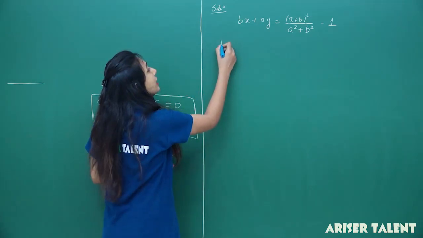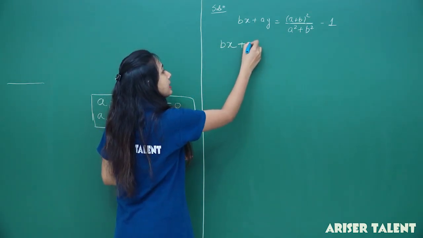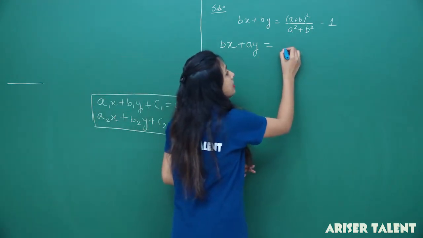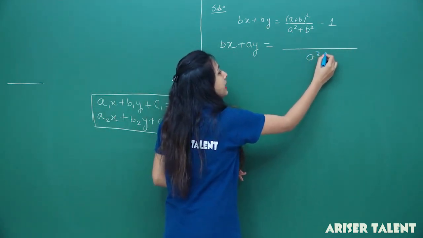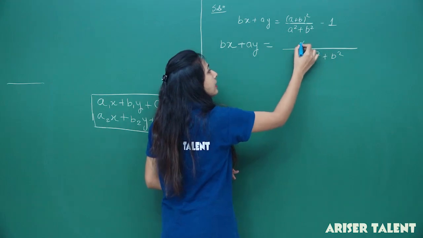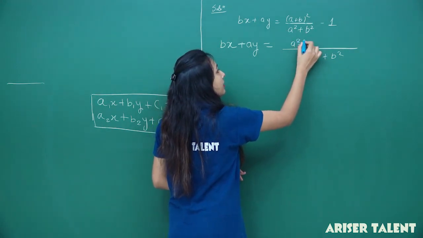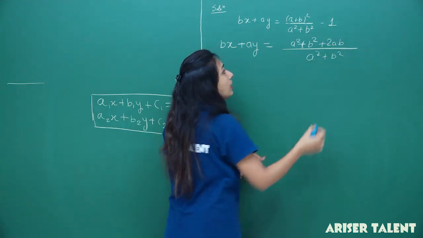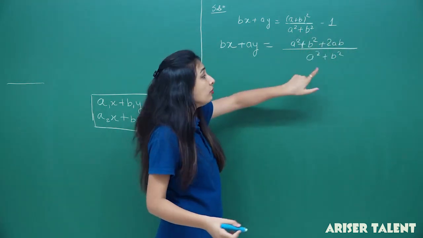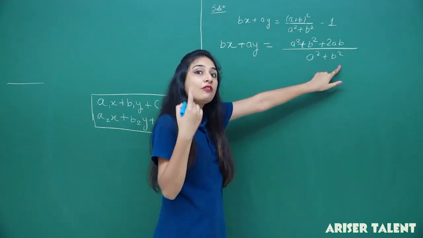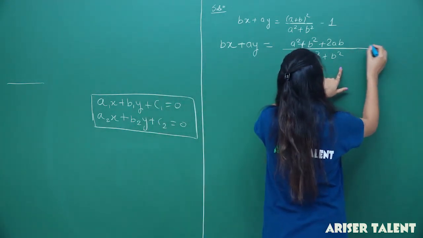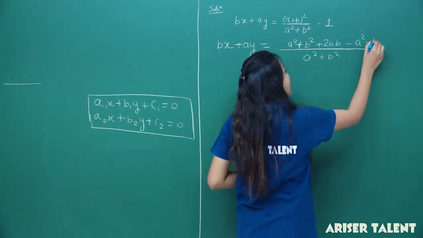Now, bx plus ay will become what? This has the LCM a square plus b square. Then here a square plus b square plus 2ab. Now, minus 1 will give you minus of a square plus b square, that will become minus a square minus b square. So just write there, minus a square minus b square.